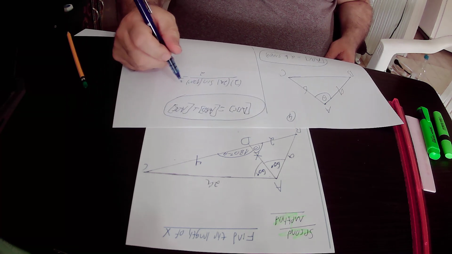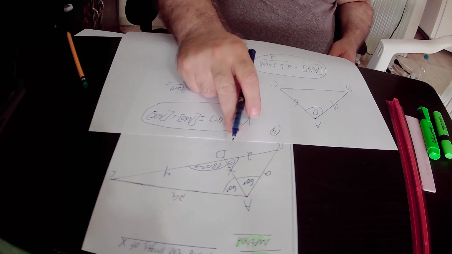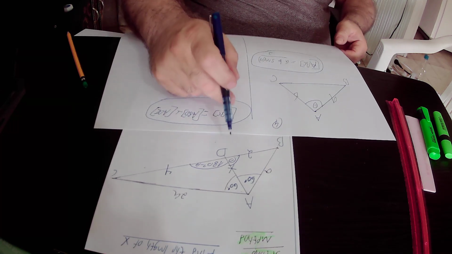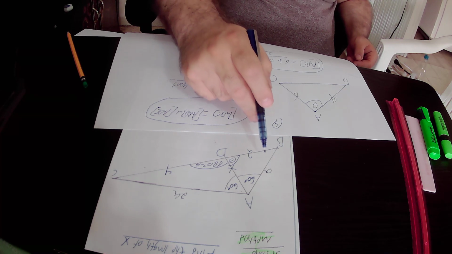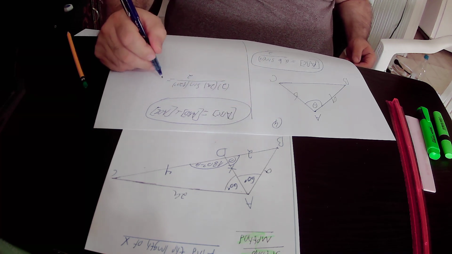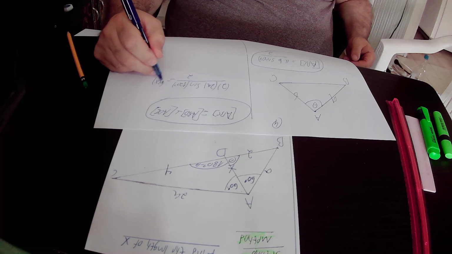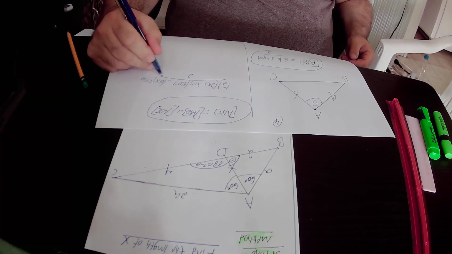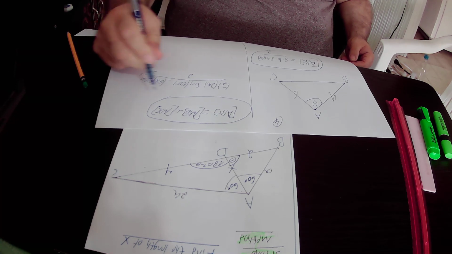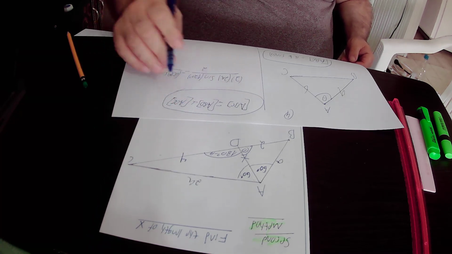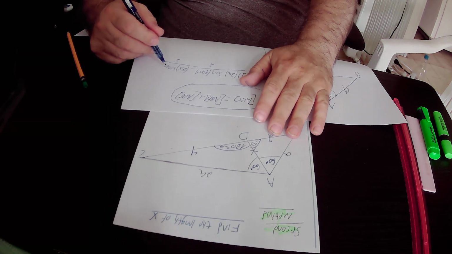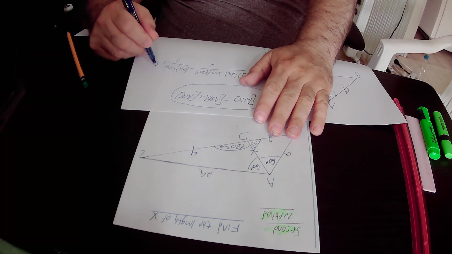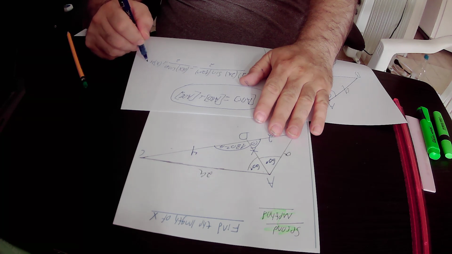This is the area of triangle ABC. It is equal to the area of triangle ABD. According to the new formula, the area of triangle ABD will be equal to a times x times sine 60 degrees over 2, plus the area of triangle ADC, which equals x times 2a times sine 60 degrees over 2.